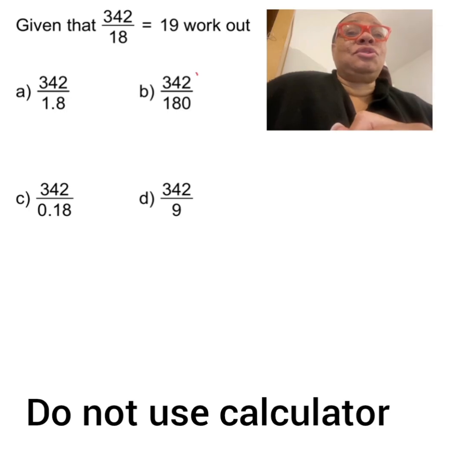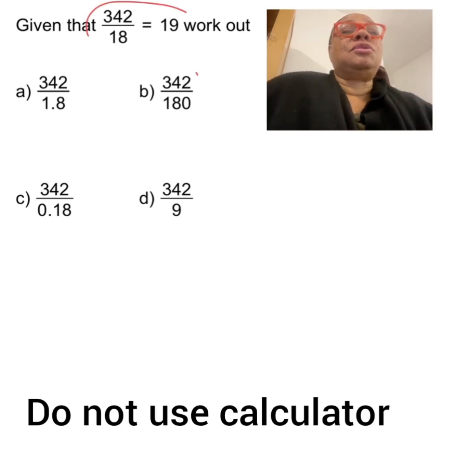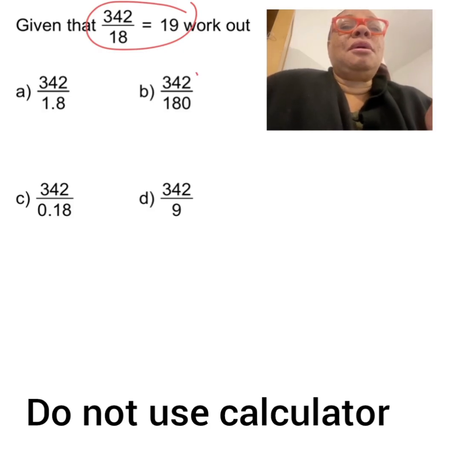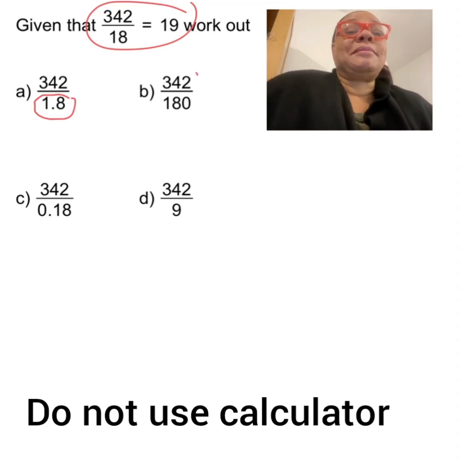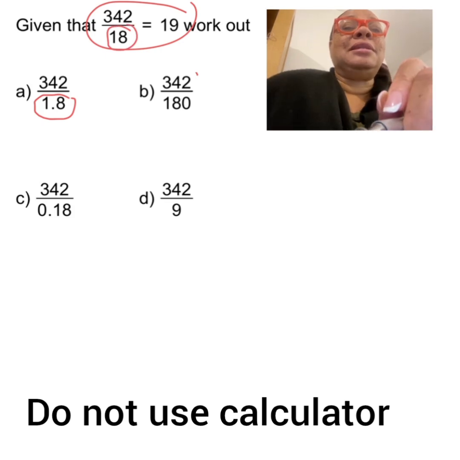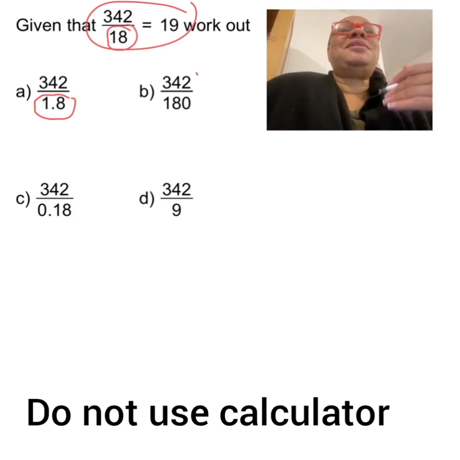Now let's do these together. So we've got the original calculation, which is this one. In the first one, the denominator has become smaller. It has become smaller by 10 times. 1.8 is 10 times smaller than 18. So your answer is going to become 10 times bigger.